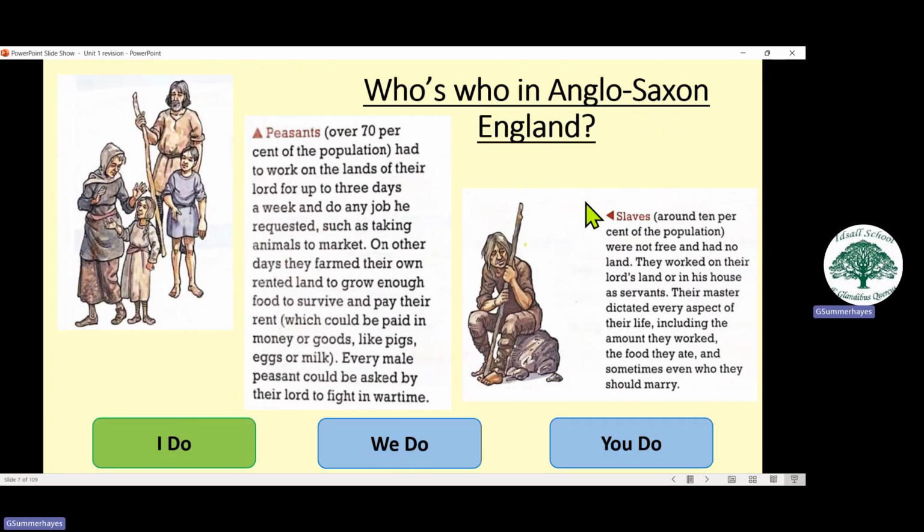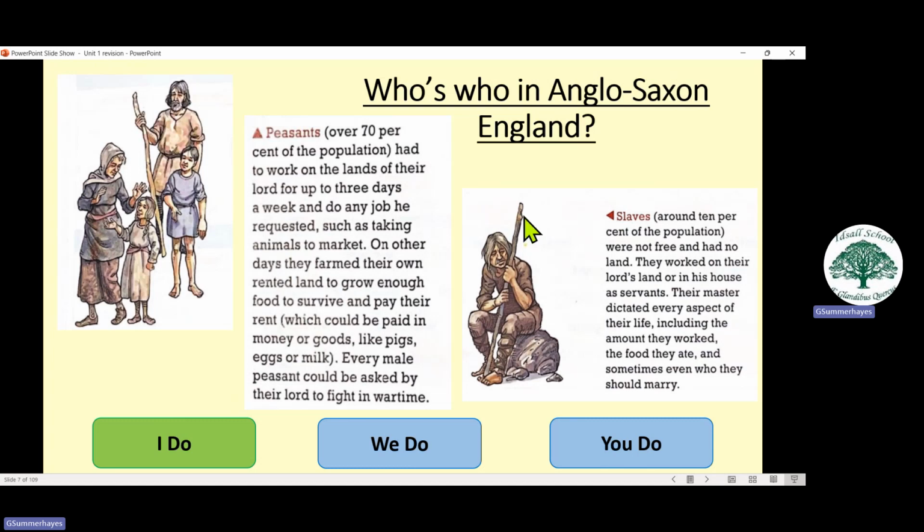Below them are the peasants, which was most people, and they did have to provide work for their lords up to 3 days, and they had time on the other days to grow their own land and pay their rent with what they grew. And again, they could be asked to fight for the fyrd.